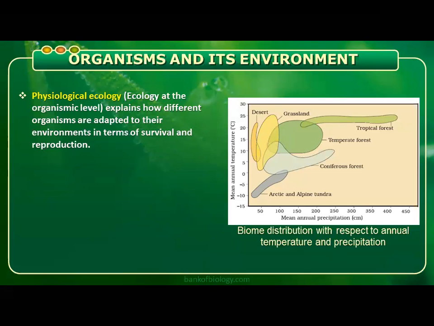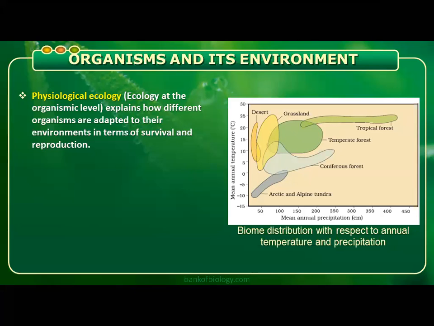Physiological ecology, ecology at the organism level, explains how different organisms are adapted to their environments in terms of survival and reproduction.